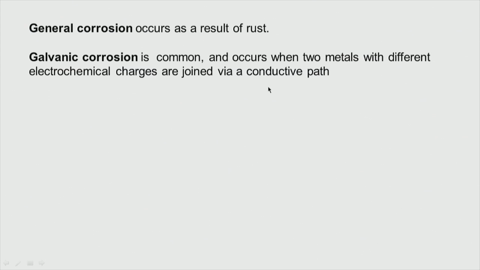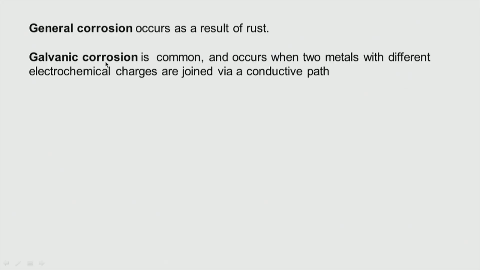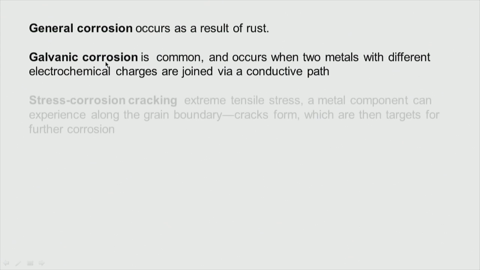Or if you have a certain biomaterial with two different metals, one may act as an anode, other may act as the cathode, and there could be current, and hence there could be corrosion. So when we use dissimilar metals, in fact we should avoid dissimilar metals, and if they were in contact, there could be current flow which will lead to this galvanic corrosion. So the anode may start going down, dissolving into the solution.